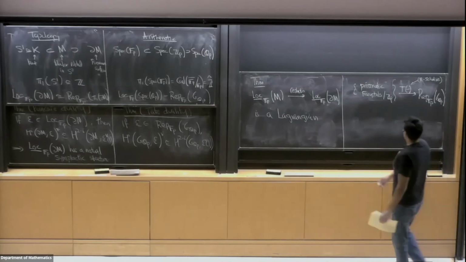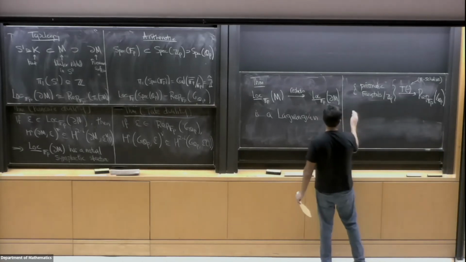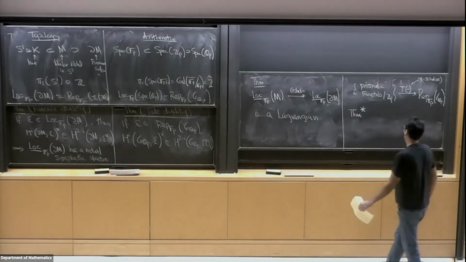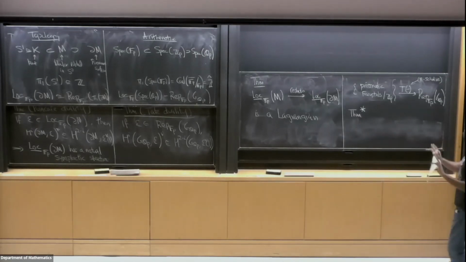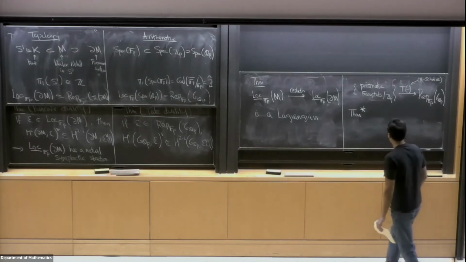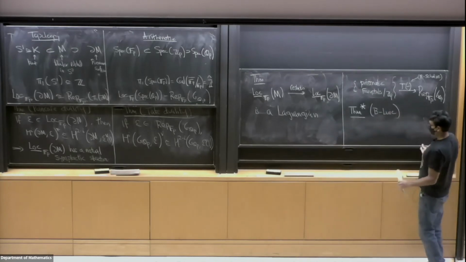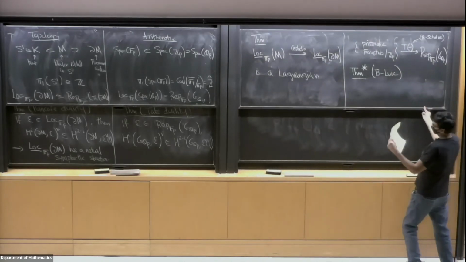And then the theorem, which is analogous to this theorem, is the following. Let me put a star over here, because it's work in progress, meaning it's not fully written. But it states the following.